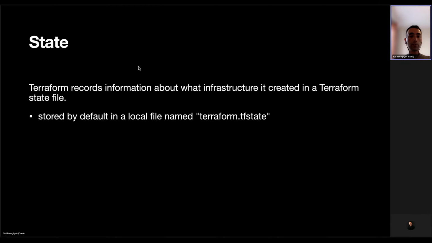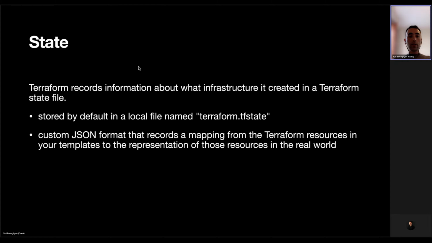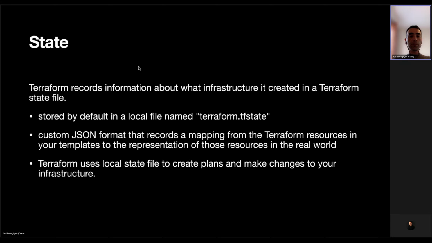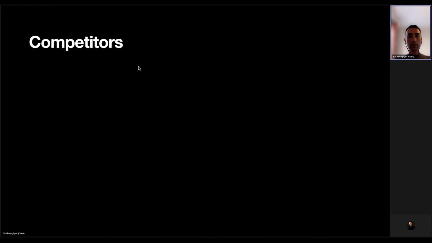It's stored by default in a local file named terraform.tfstate. It has a custom JSON format for recording that infrastructure representation. And Terraform uses that local state file to create plans and make changes to your infrastructure, to compare what you have with what you are trying to create, and show you through the plan what the differences are and what it's actually going to be doing.